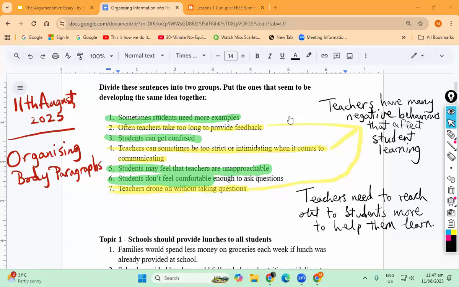All right. What are the points in green? What's the main point that the sentences in green are getting at?